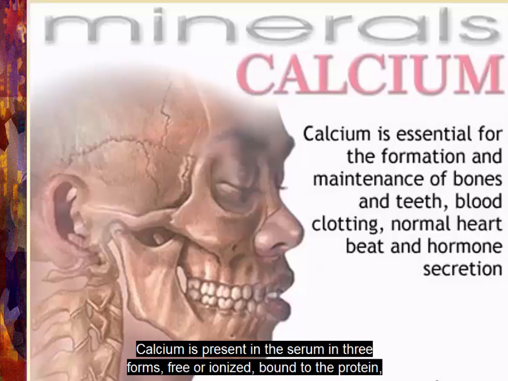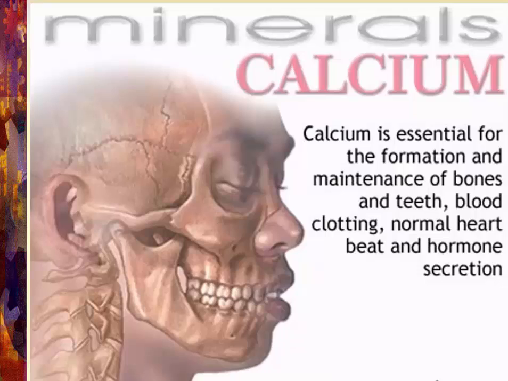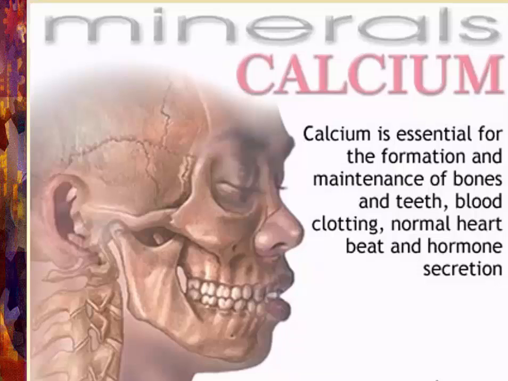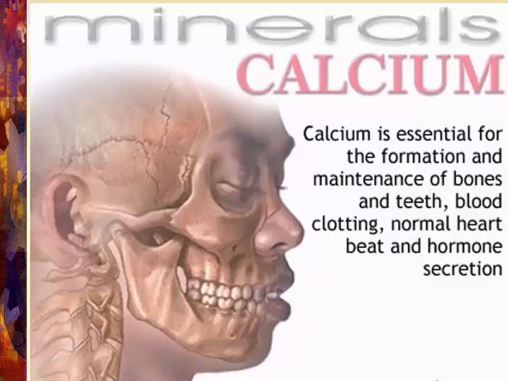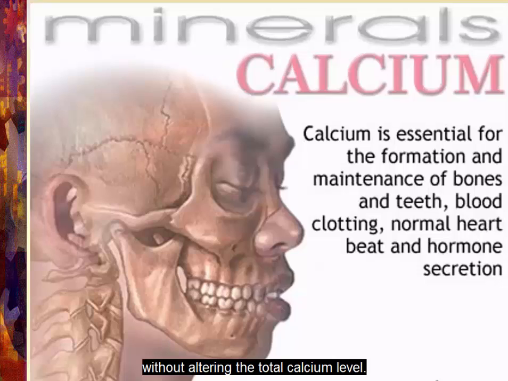Calcium is present in the serum in three forms: free or ionized, bound to the protein, primarily albumin, and complex with phosphate, citrate, or carbonate. Total serum calcium levels reflect the total calcium level of all three forms, although ionized calcium levels may be analyzed and reported separately.